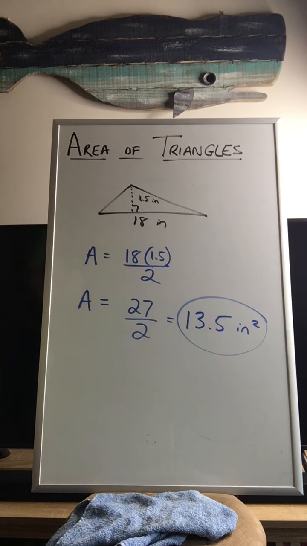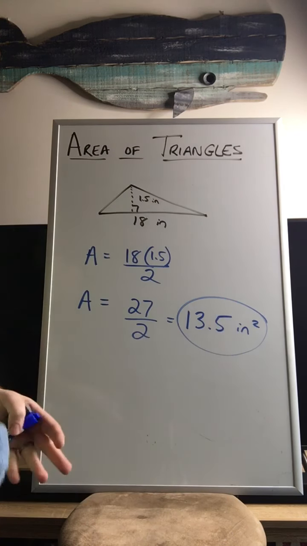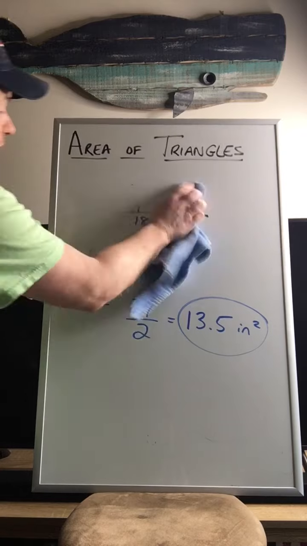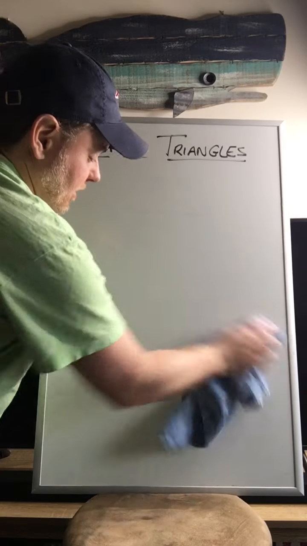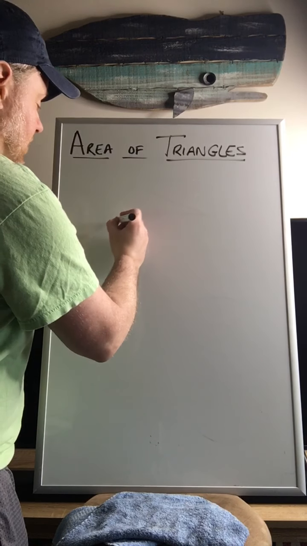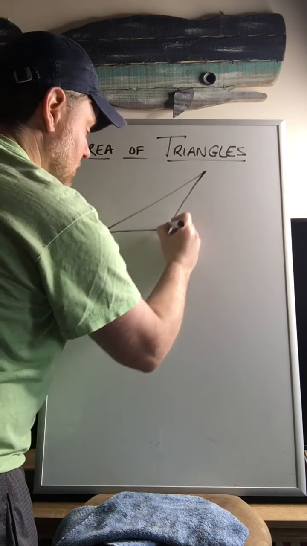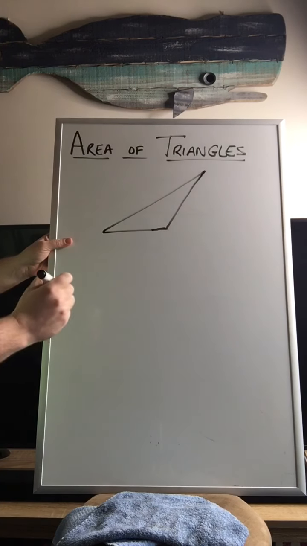Okay? That's it. All right? So it's a simpler formula than trapezoids, but just has one little extra step than parallelograms. Okay? Sometimes, again, the orientation or the way the triangle is rotated might be a little different. You might have an obtuse triangle that's like this. Okay?